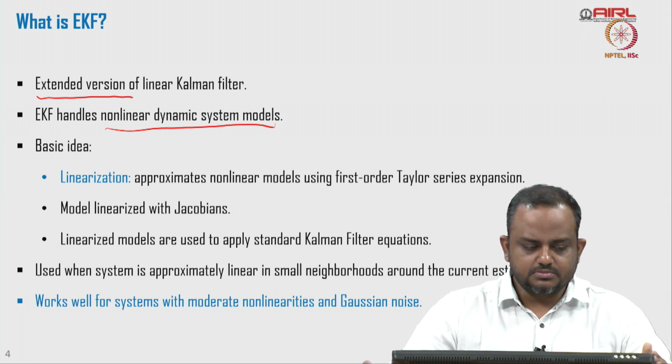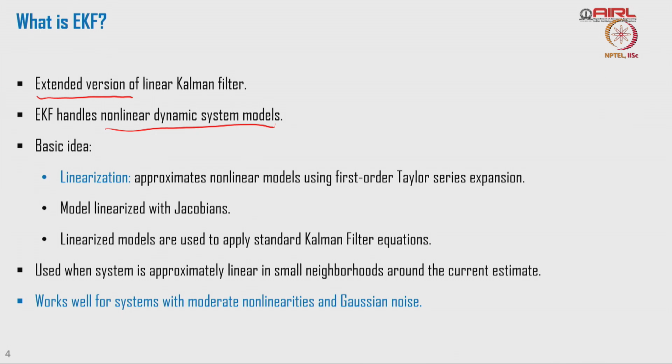Now, what extended Kalman filter does is that it linearizes the model, approximating the nonlinear model using the first order Taylor series expansion. That mathematical term is called the Jacobian. So, the linearization is done by Jacobians, then the linearized models are used to apply standard Kalman filter equations.